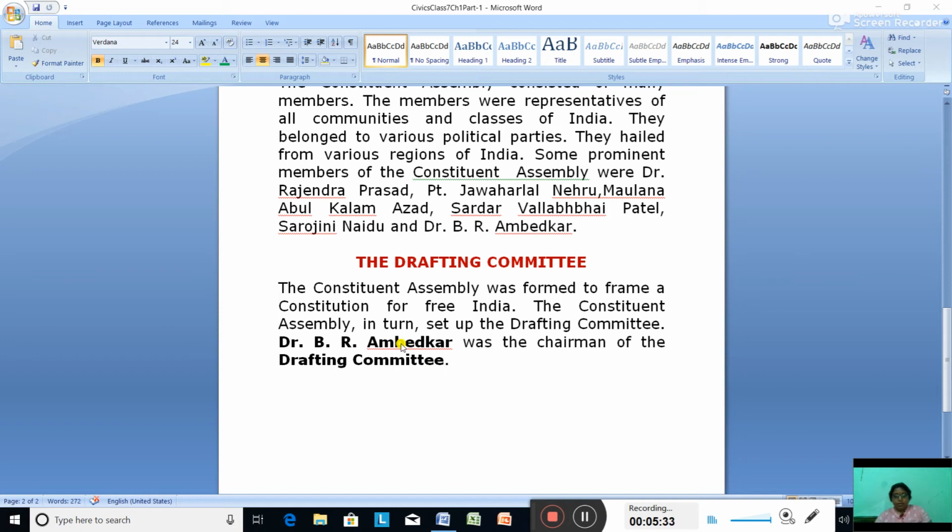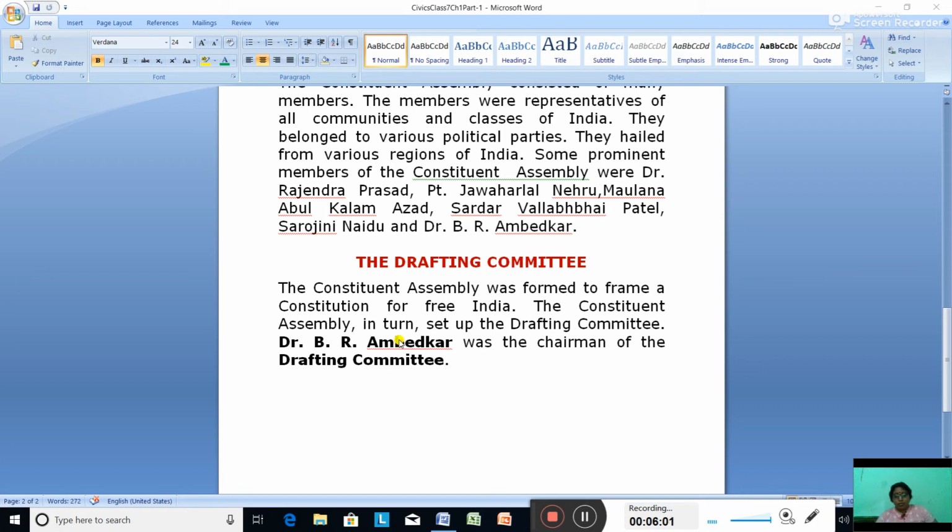When the drafting committee prepared a draft of our constitution, they had to keep a lot of things in their mind: the vastness of our country, the diversity regarding culture, language, and religion, as well as the history of the country.